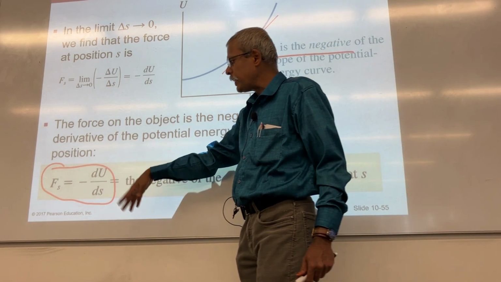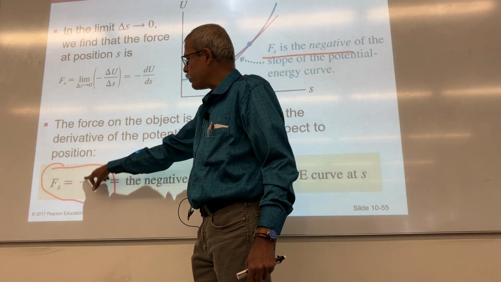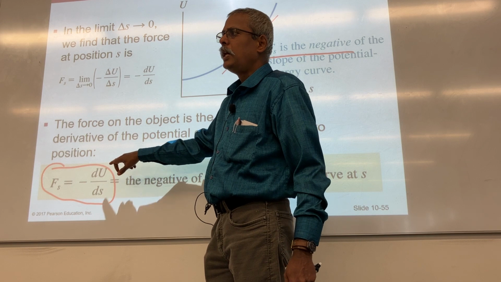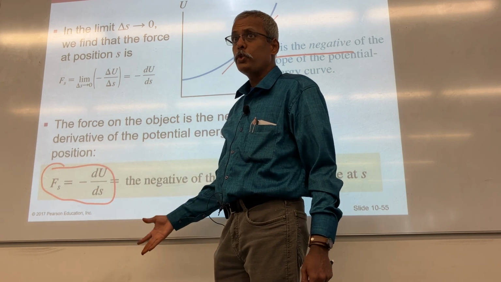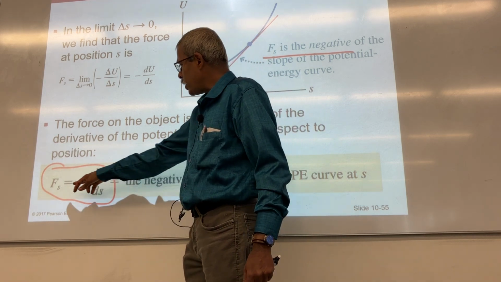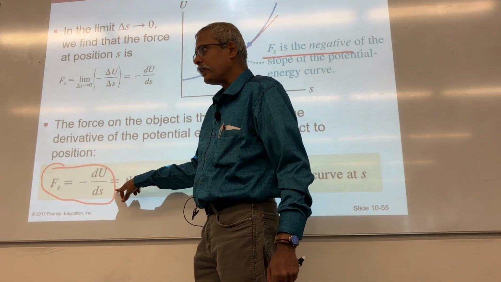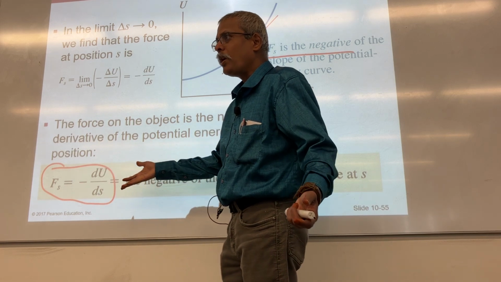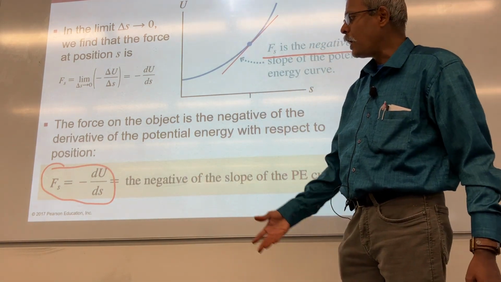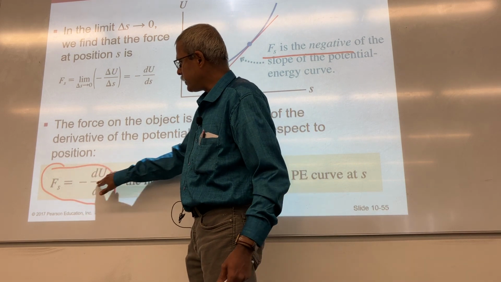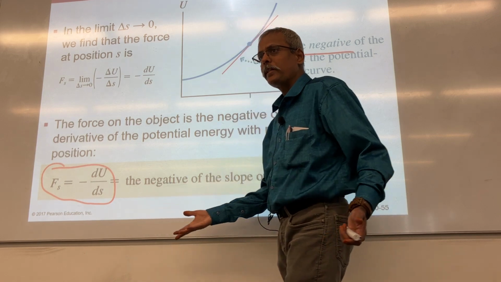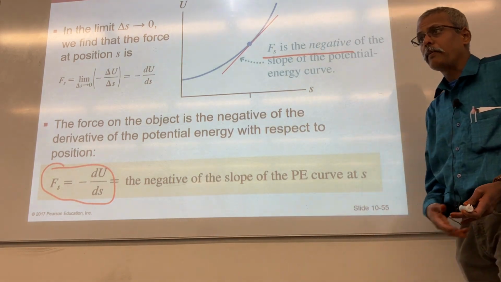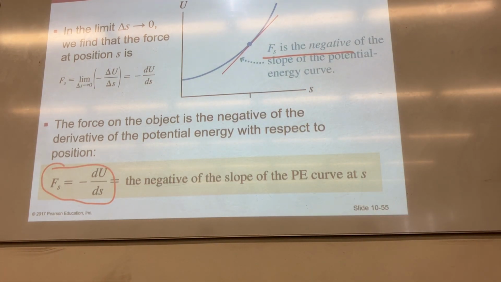Force is mass times acceleration, but you can also get force from the delta U term over delta S, and that's why Hooke's law is important. Force times delta S is a work. Work is equal to force times displacement. See how unique it is? This is the energy term, which is work, and force times delta S times cosine theta is your work again. So you can get it from the potential energy term.